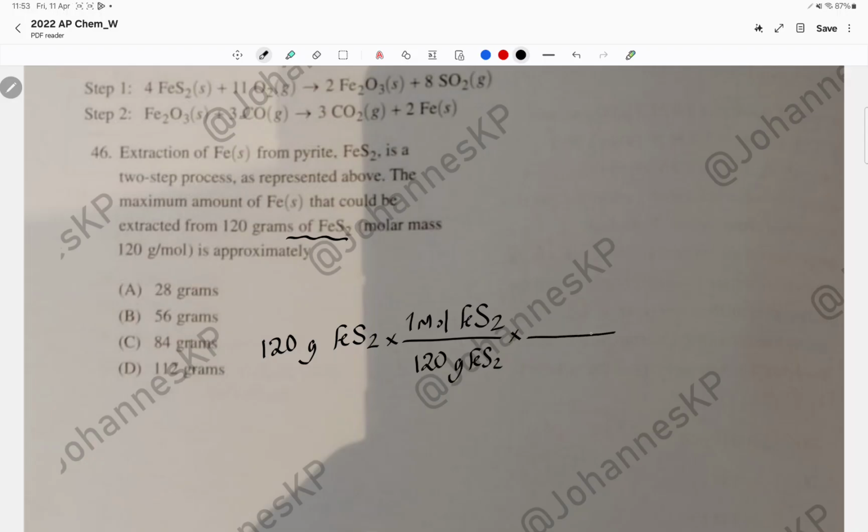In the balanced equation, we have 4 FeS2. In the balanced equation, we also have 2 Fe, right? 2 Fe. And then we want the mass of the Fe, so we're going to say 1 mole of the Fe, 55.4 I think, no. What's the molar mass of Fe? Usually 55.84.